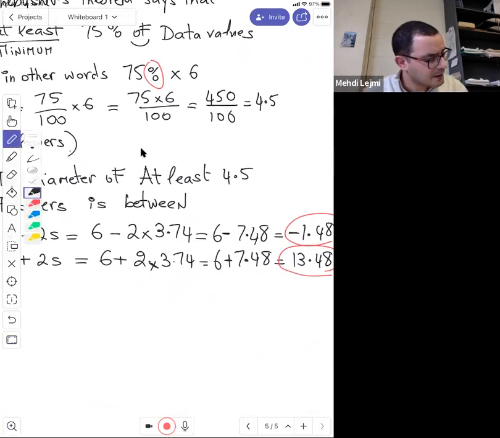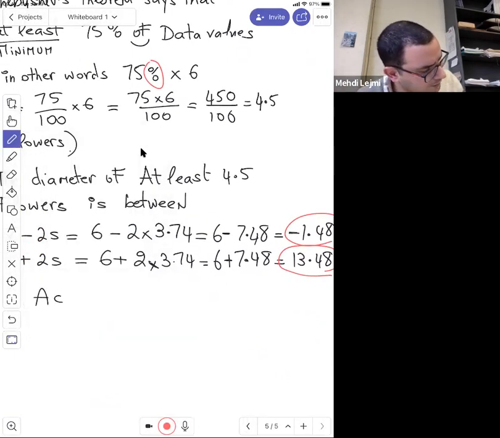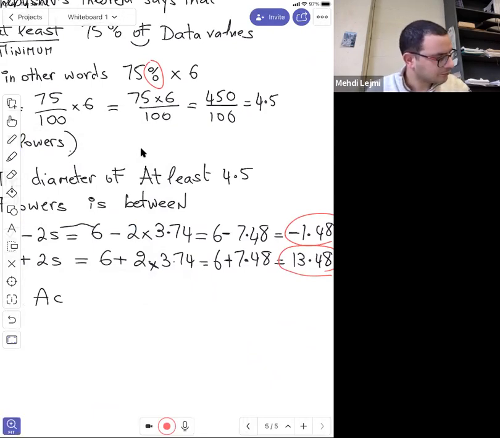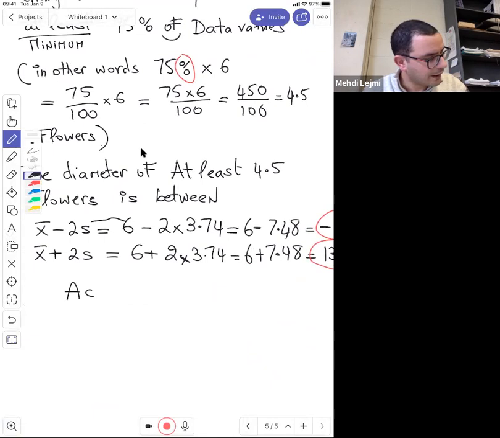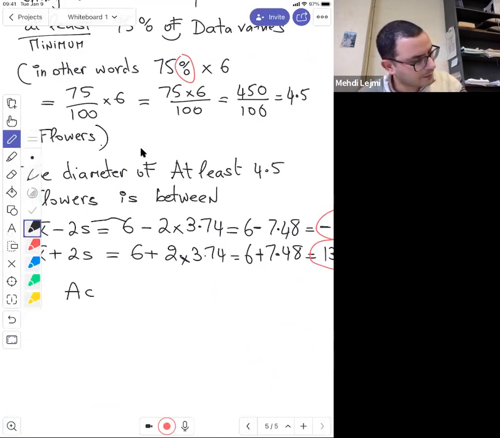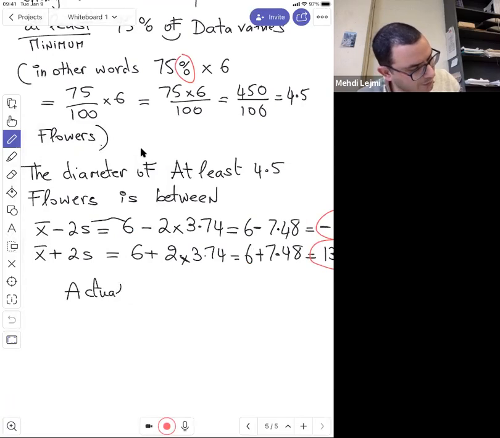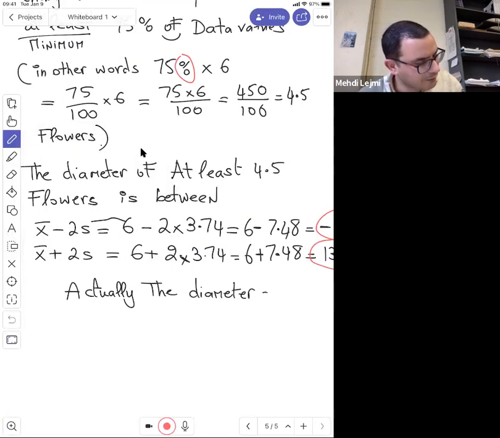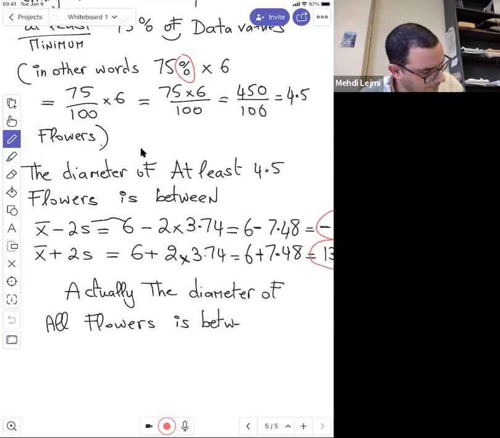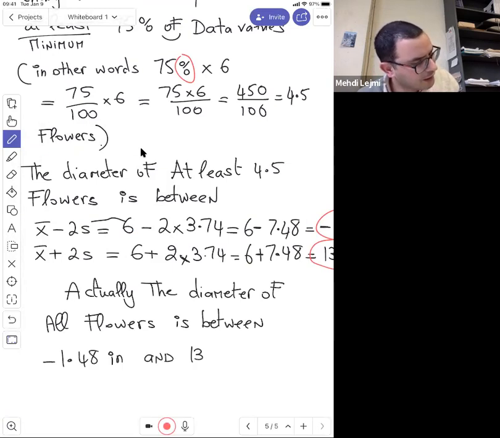So actually the diameter of all the flowers is between negative 1.48 and 13.48 inches.